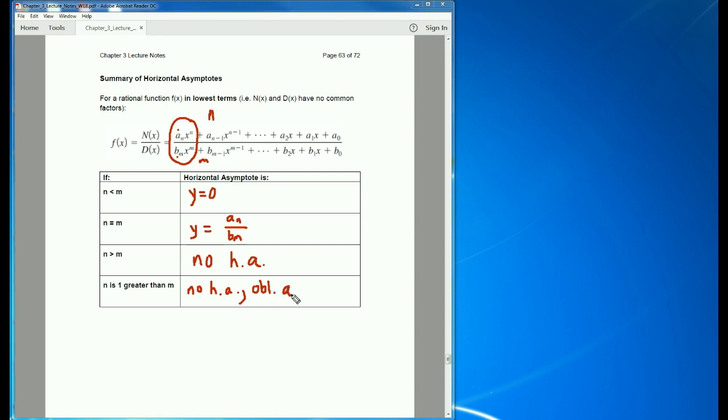Okay, so there is an oblique asymptote equal to q of x, the quotient of the numerator over the denominator. And again, that is a line, okay? y equals mx plus b. But still, the behavior is unbounded.